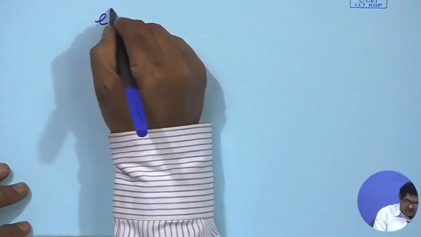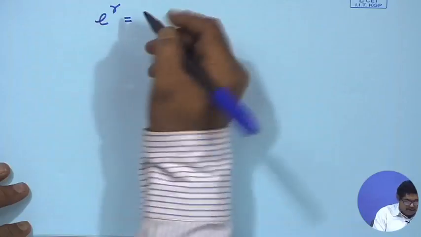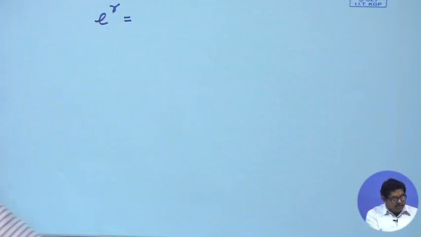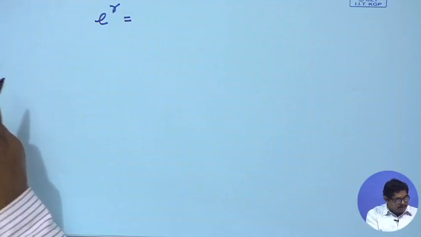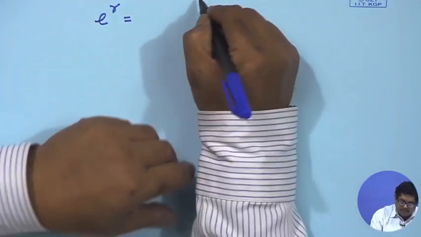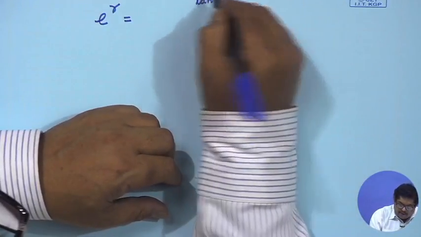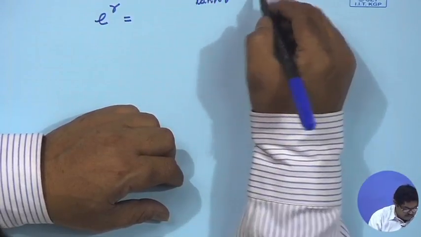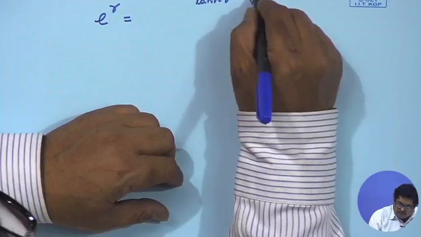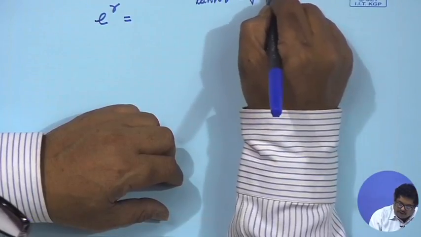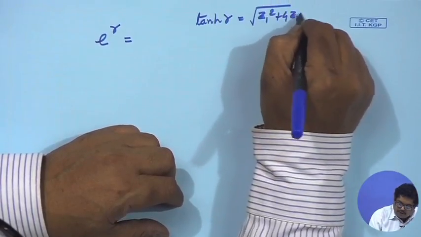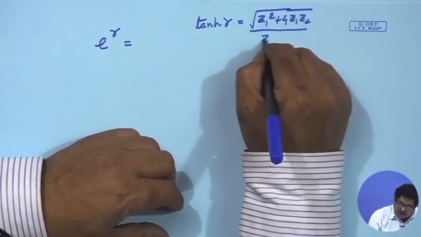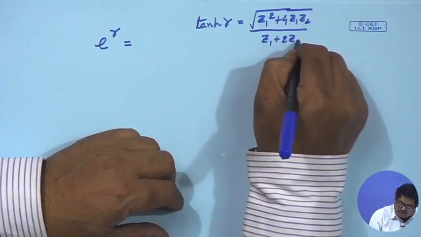If you remember, yesterday we derived tan hyperbolic gamma is equal to root over Z1 square by 4 Z1 Z2 by Z1 plus 2 Z2.